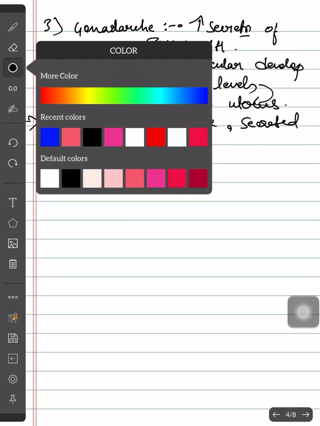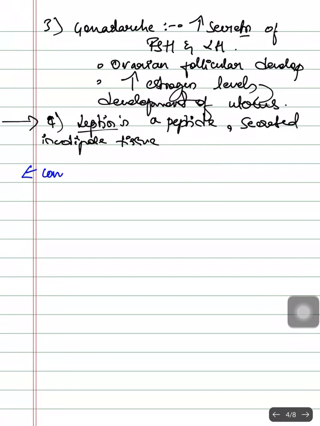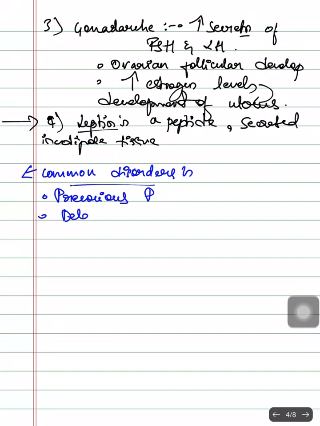Next, we will see the common disorders of puberty: precocious puberty, delayed puberty, and menstrual abnormalities like amenorrhea, menorrhagia and dysmenorrhea.